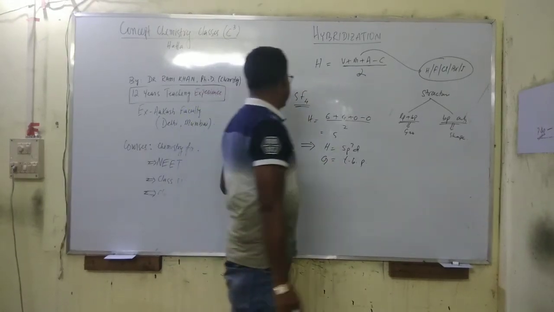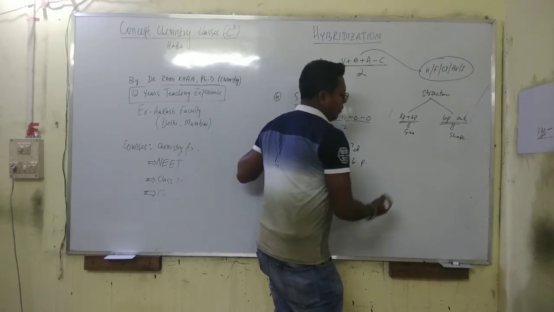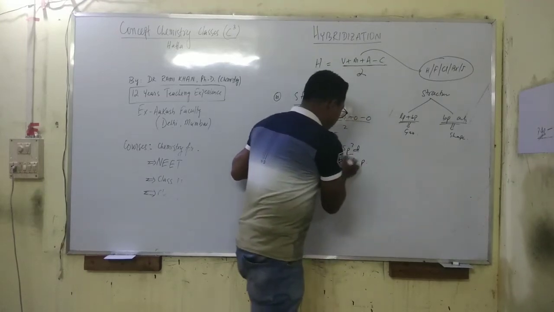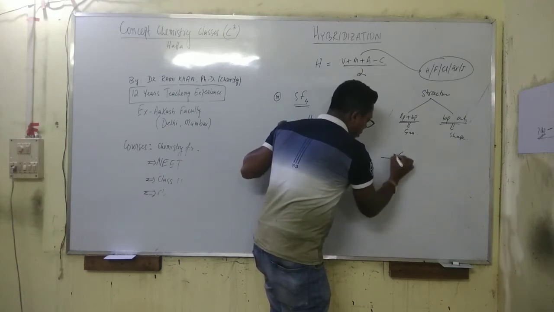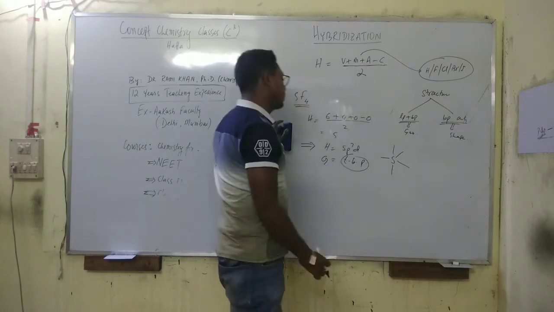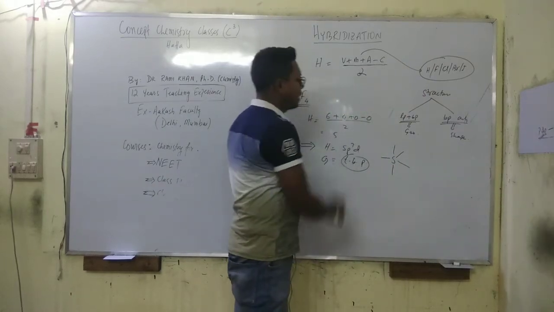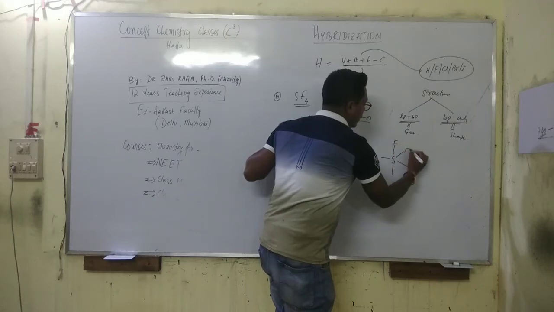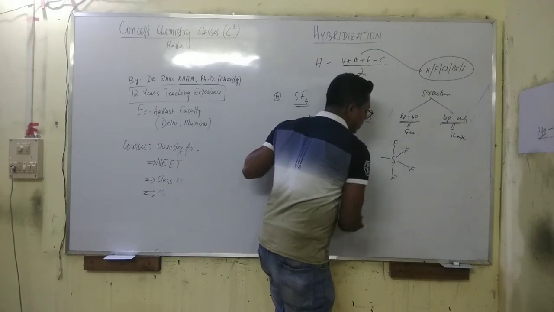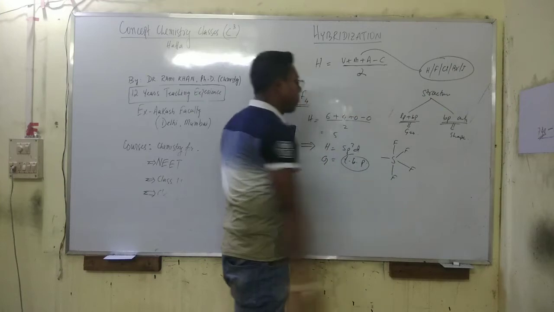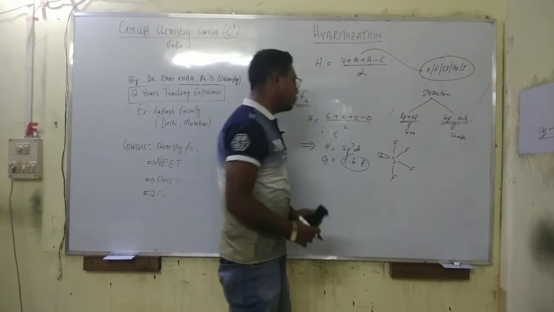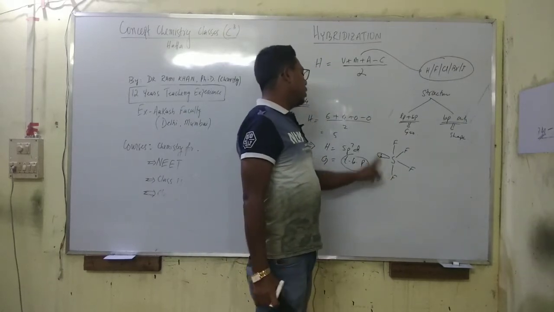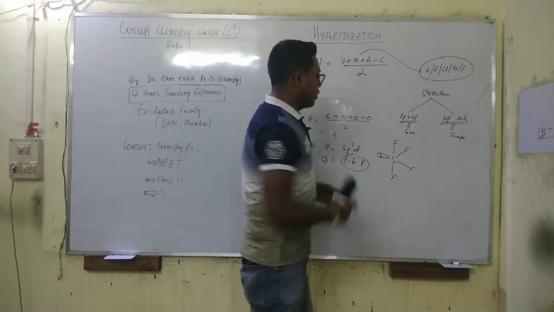Let us check the shape of SF4. Now since the geometry is trigonal bipyramidal, I'll draw sulfur as the central atom and the structure of trigonal bipyramidal. 4 fluorine atoms, let these 4 fluorine atoms be in this position, and this remaining bond will be converted into a lone pair. So the lone pair occupies the equatorial position.